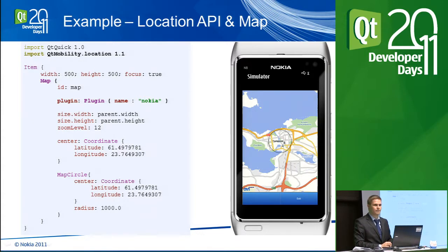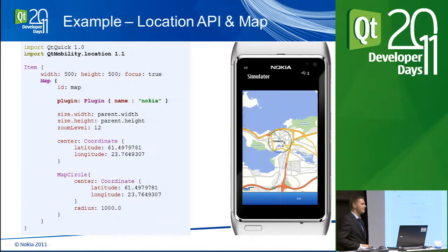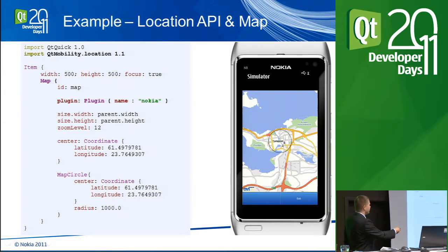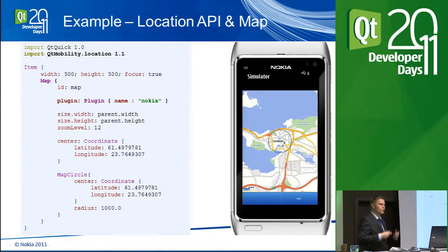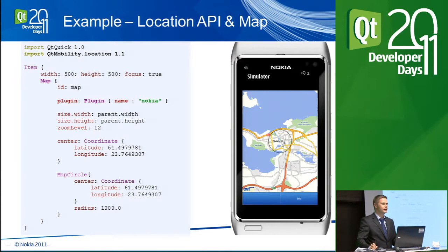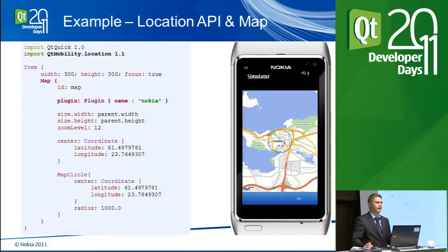When you are using map element, which we will be showing next, the thing is, it can show you a map. So you are using Nokia device, right? Nokia device has great features for location, great maps, things like that.